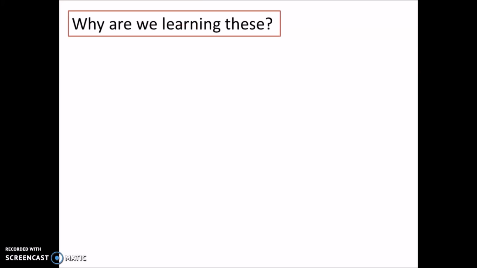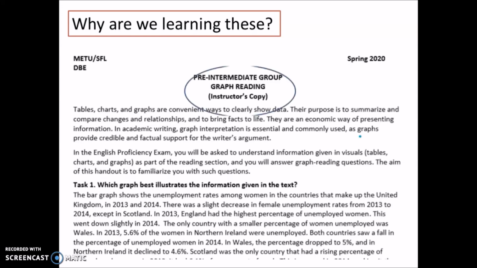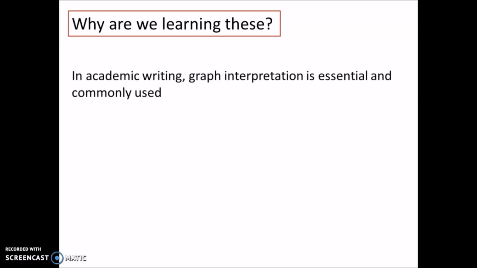First of all, let me tell you why we are learning these. Because we need to learn how to read graphs. We're not going to describe them or write a description for them. We need to understand when we read them. And that's what we're going to practice in this handout.